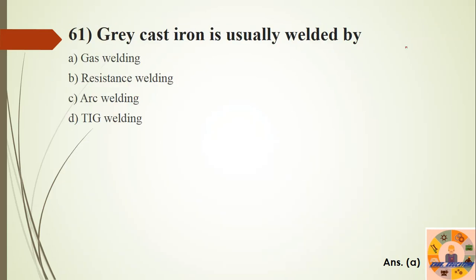Next question is, grey cast iron is usually welded by option A gas welding, option B resistance welding, option C arc welding, and option D TIG welding. So the right answer for this question will be option A gas welding, because we know grey cast iron has very high carbon content, very poor mechanical properties and also low ductility. So preheating is required.